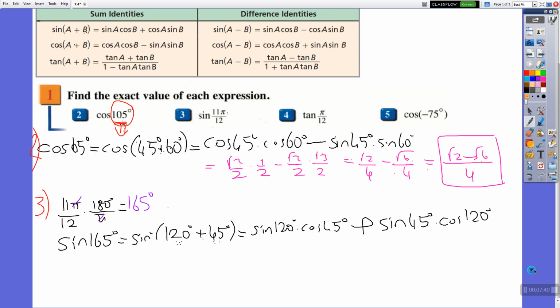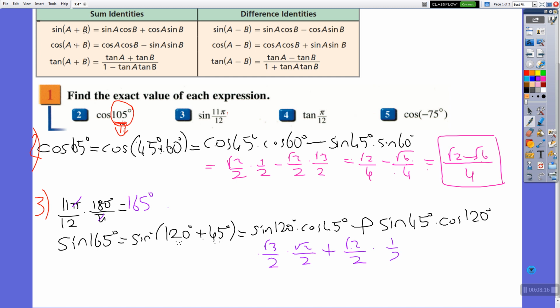So sine 120, the reference angle is 60. Sine 60 is square root 3 over 2. 120 is in the second quadrant, so the sign is positive. Times cosine 45, square root 2 over 2. Plus sine 45, square root 2 over 2, times cosine 120, reference angle is 60.